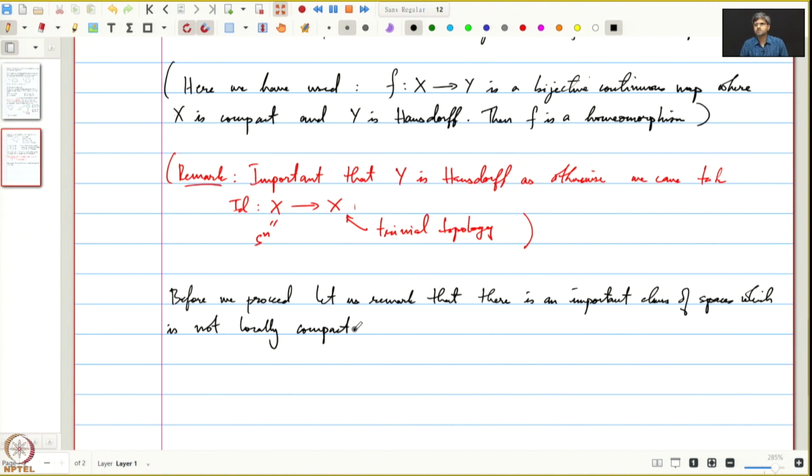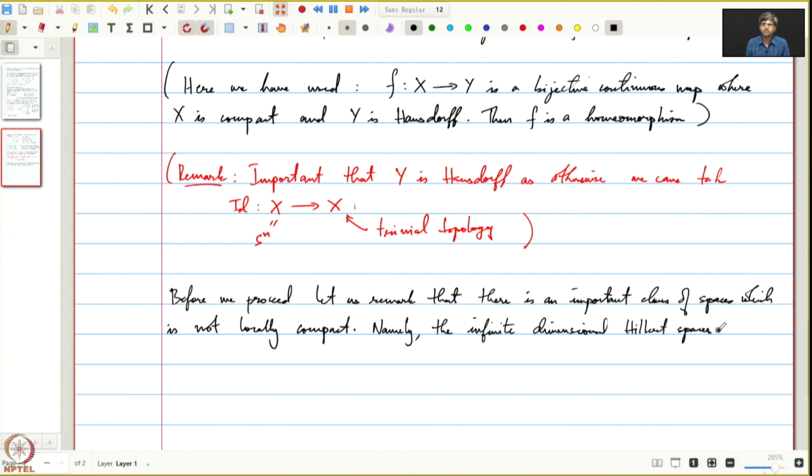Many of the spaces we have encountered in this course are all subsets of R n, and R n is locally compact, and many of the examples we have seen are locally compact. But there's a big collection of spaces which is not locally compact, namely the infinite dimensional Hilbert spaces.